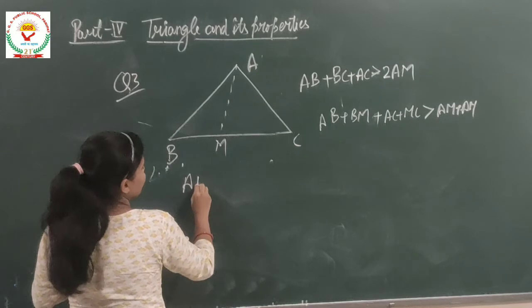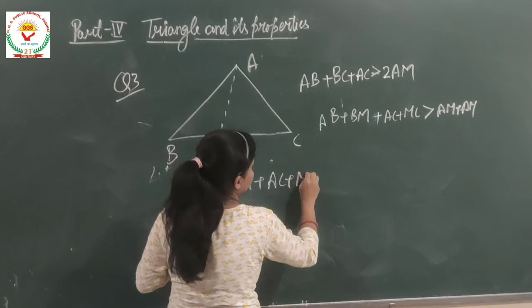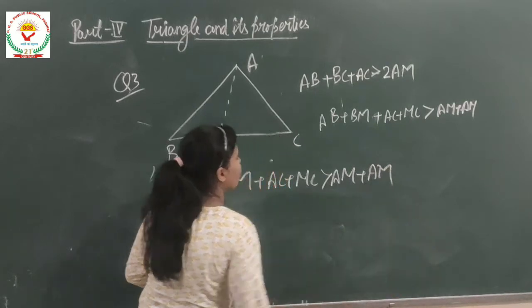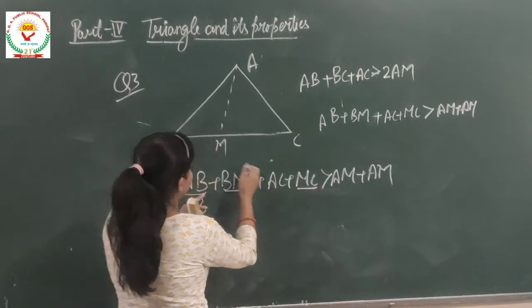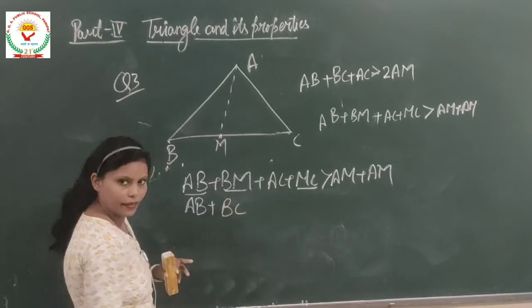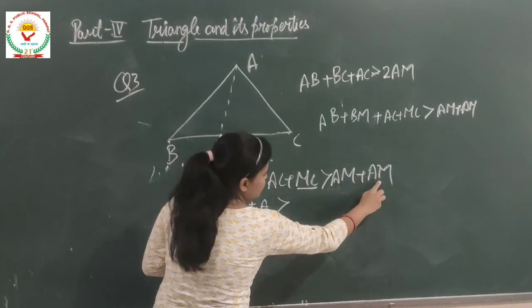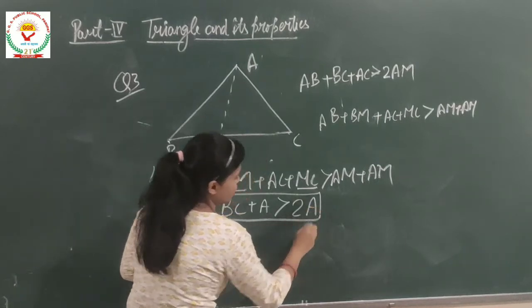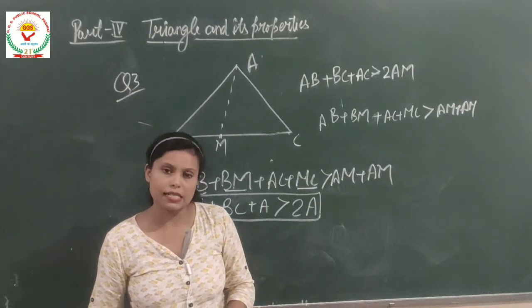So we get AB plus BM plus AC plus MC greater than AM plus AM. Now on adding, AB will remain the same. BM plus MC will be equal to BC, right? And plus AC is greater than AM plus AM, that is 2AM. This proves that the given condition is true. Alright. The other questions of this exercise are the same.